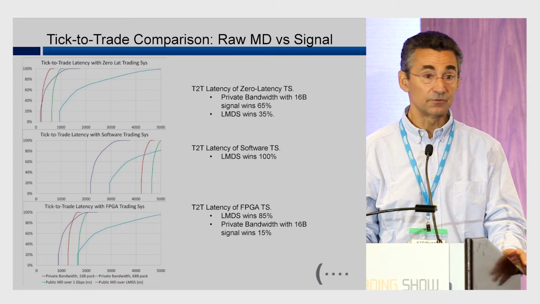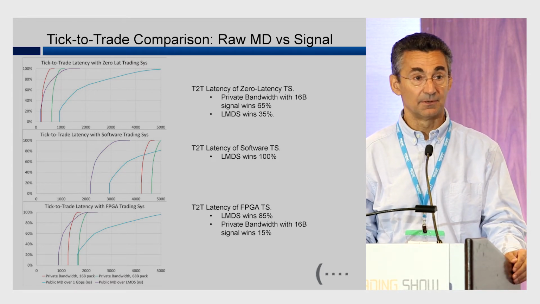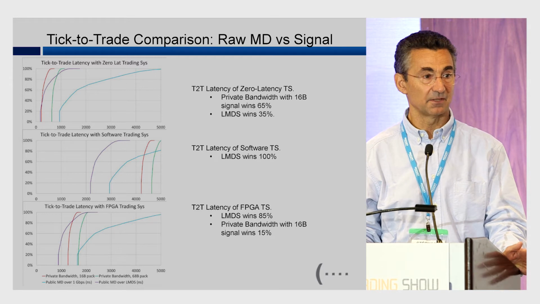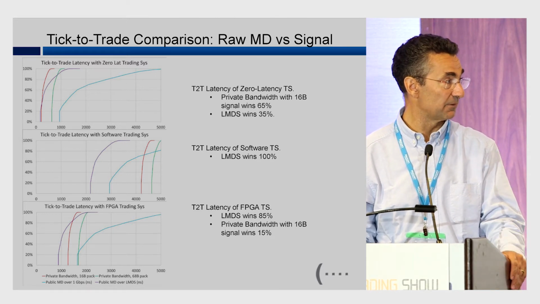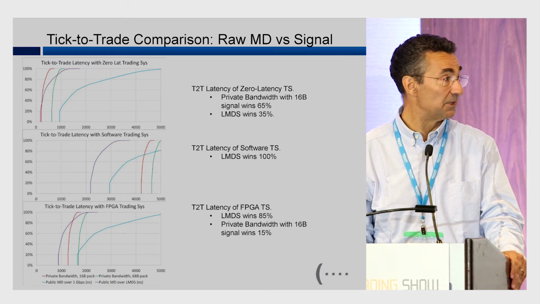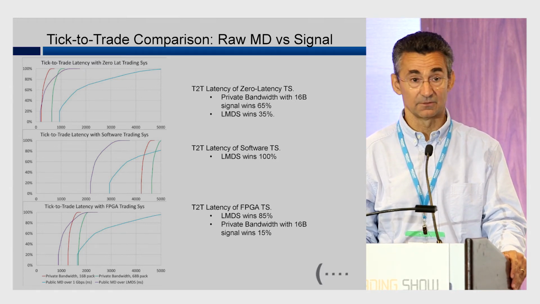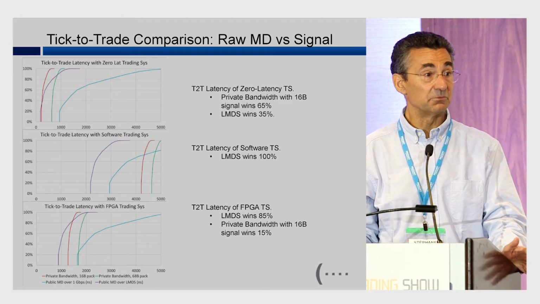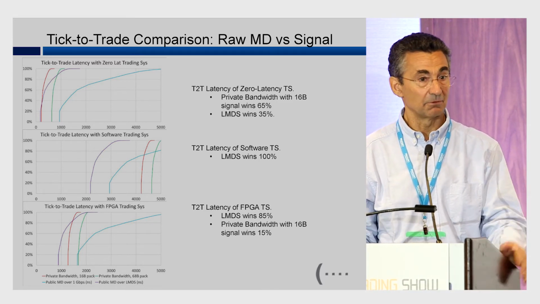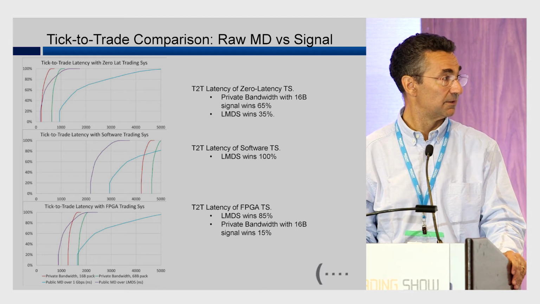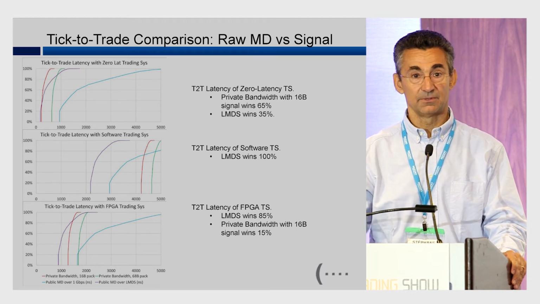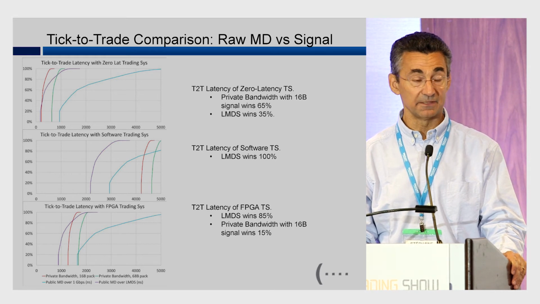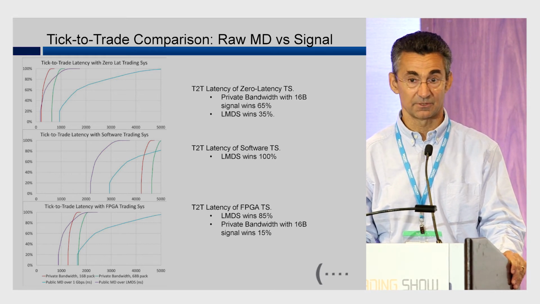If you assume something which is a reasonable FPGA, not the fastest, but a reasonable FPGA, and that's the bottom graph, you can see that our offer would really win 85% of the time. So with a reasonable FPGA, it's already not easy to do that, then you're better off getting the raw data on the other side 85% of the time.